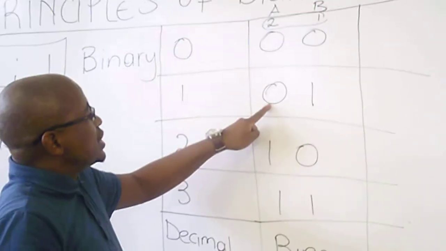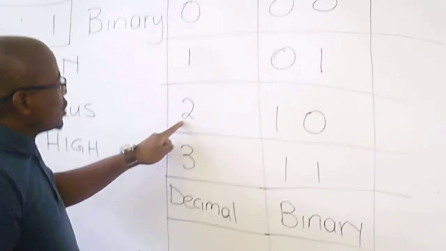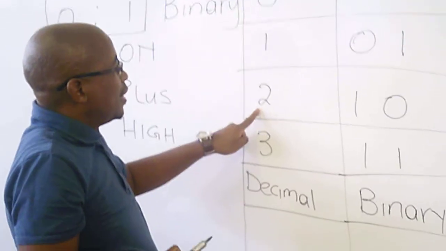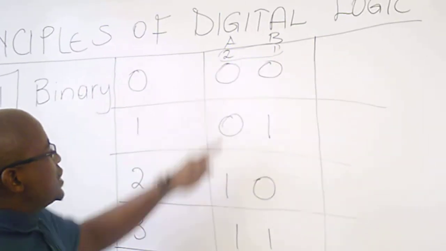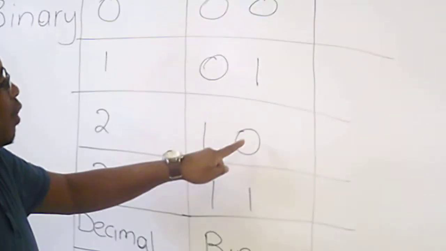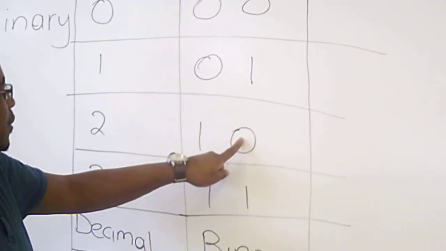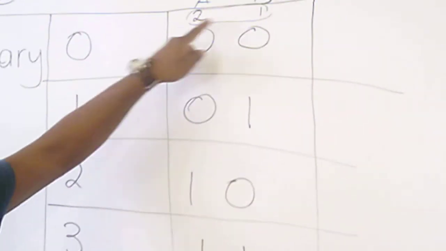So this is a 0 because we don't need this 2. We go again to the inputs A and B. We say a 2, we put a 1. We don't need 1, so we put a 0. For us to have a 3, we need both inputs A and B, 2 and 1.